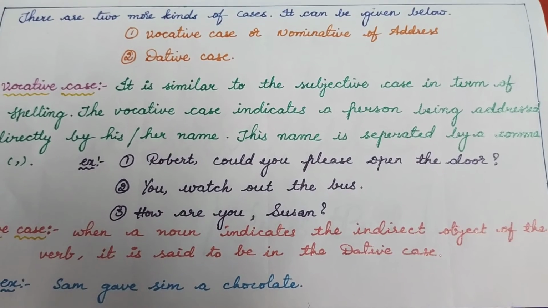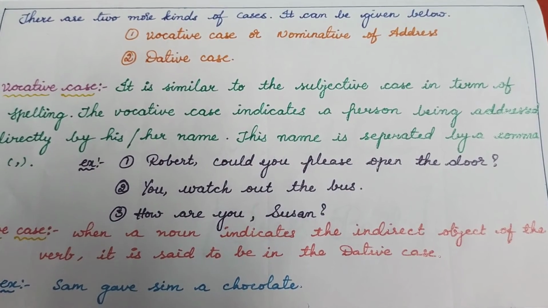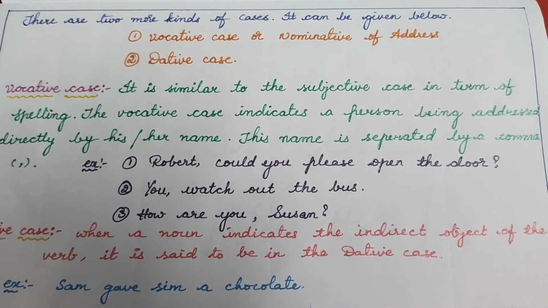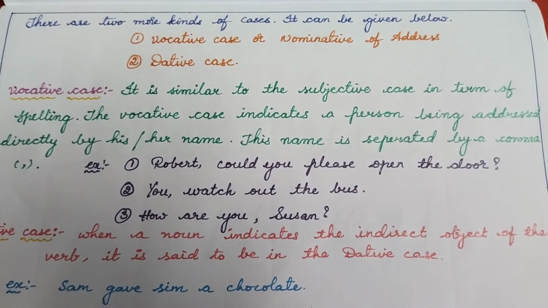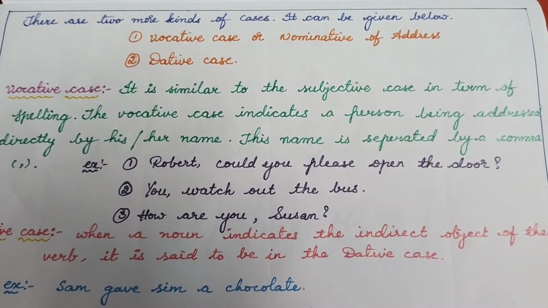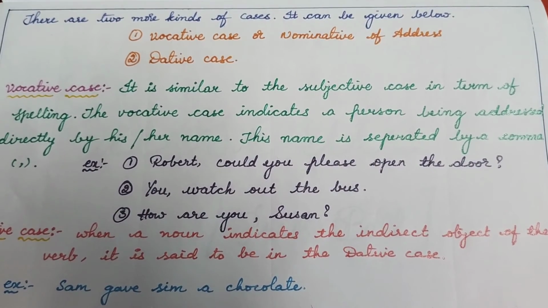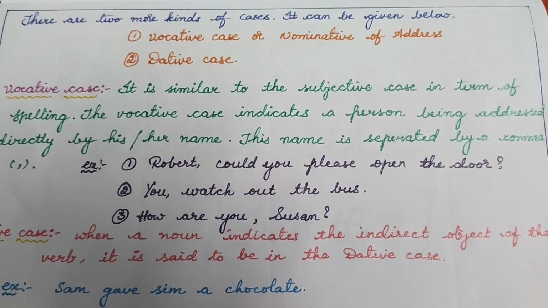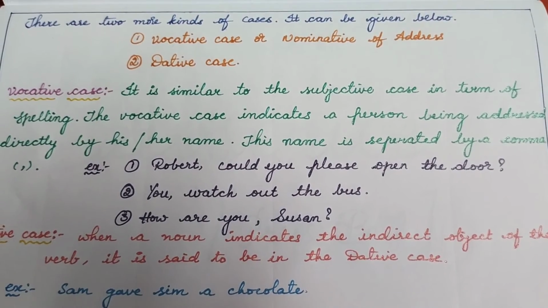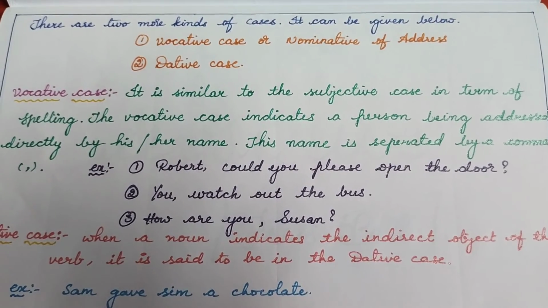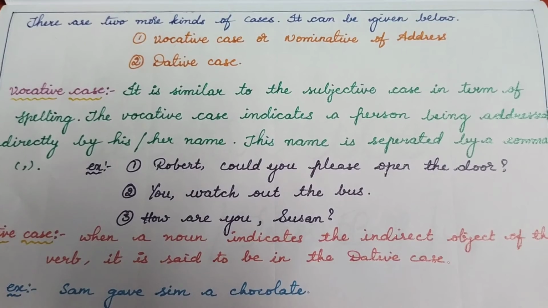But it just varies. The vocative case indicates a person being addressed directly by his or her name. This name is separated by a comma. So this is the difference between subjective case and vocative case. Both address the same, but if the person is directly being addressed by his or her name, it remains to be vocative case.